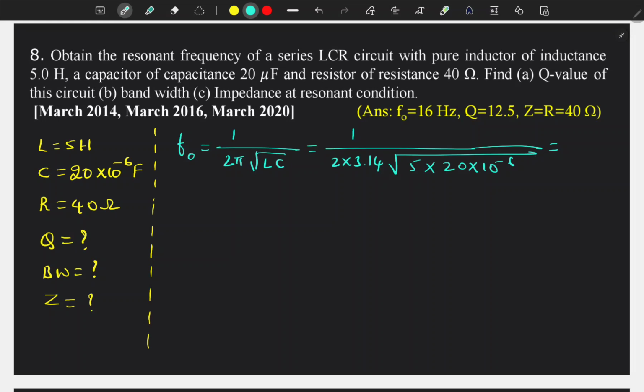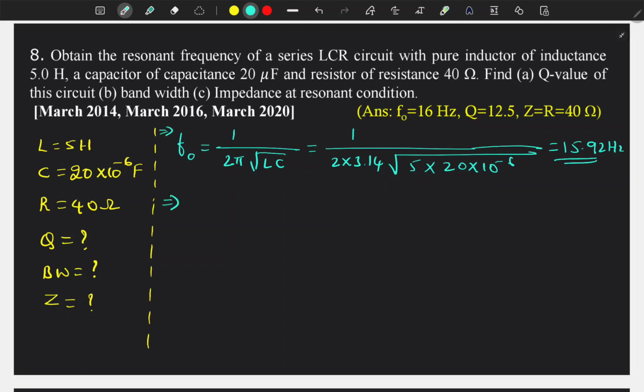So we will get this somewhere around 15.9, I think, yeah, 15.92 hertz. Yeah, you can calculate this, you will get this as the answer.